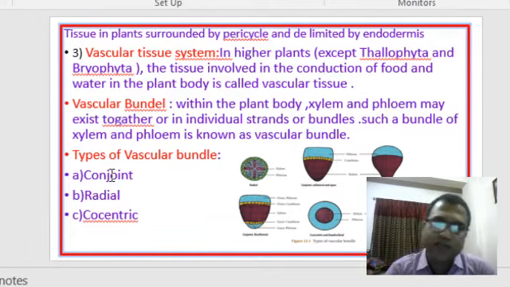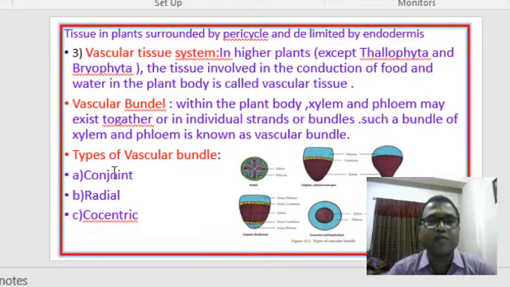What is collateral conjoined vascular bundle? The vascular bundle in which xylem and phloem remain on the same radius. This collateral vascular bundle is also divided into two parts: open collateral conjoined vascular bundle and closed collateral conjoined vascular bundle.